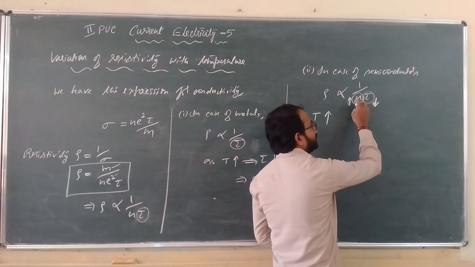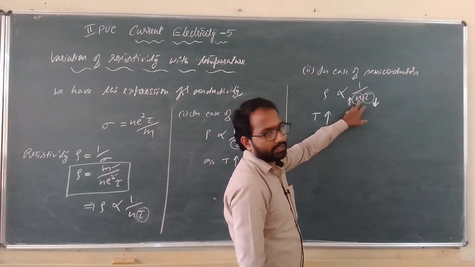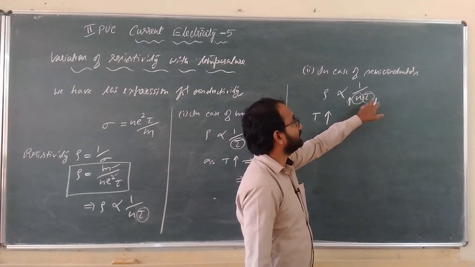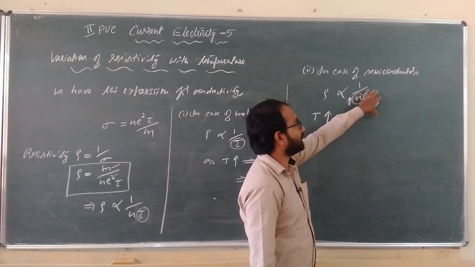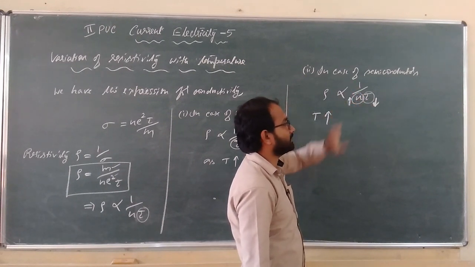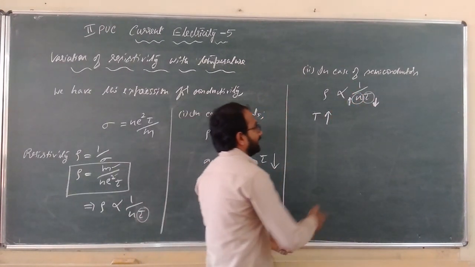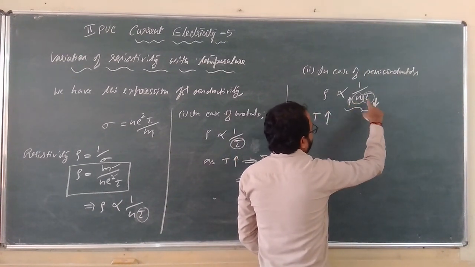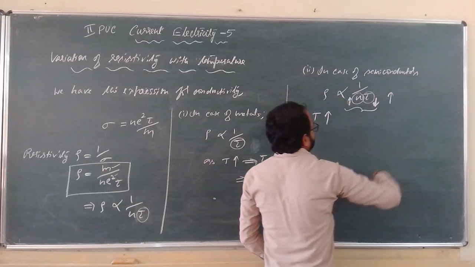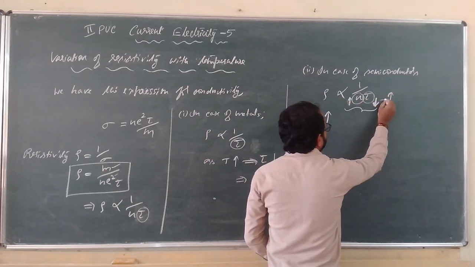The increase in number density of charge carriers is more compared to the decrease in the relaxation time. Therefore, the decrease in relaxation time does not compensate the increase in number density, and the net effect is that in the denominator the product of n and tau is increasing.